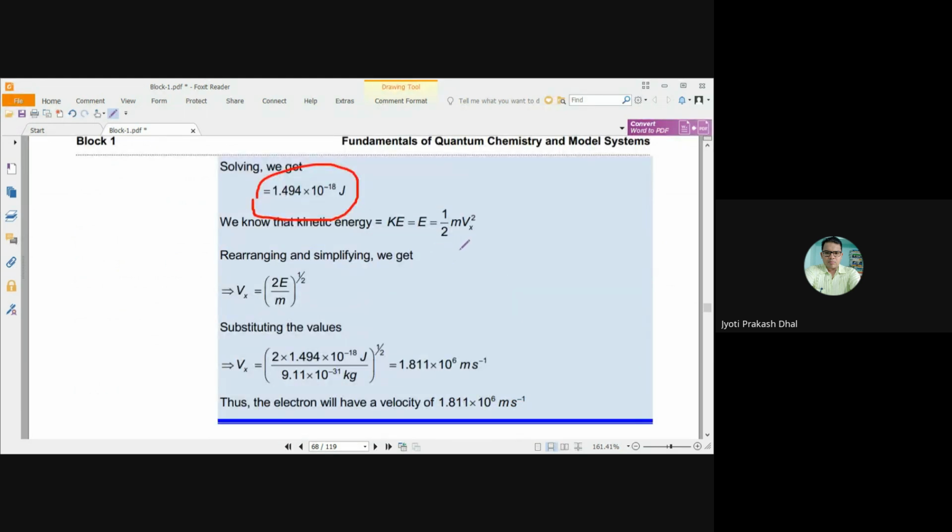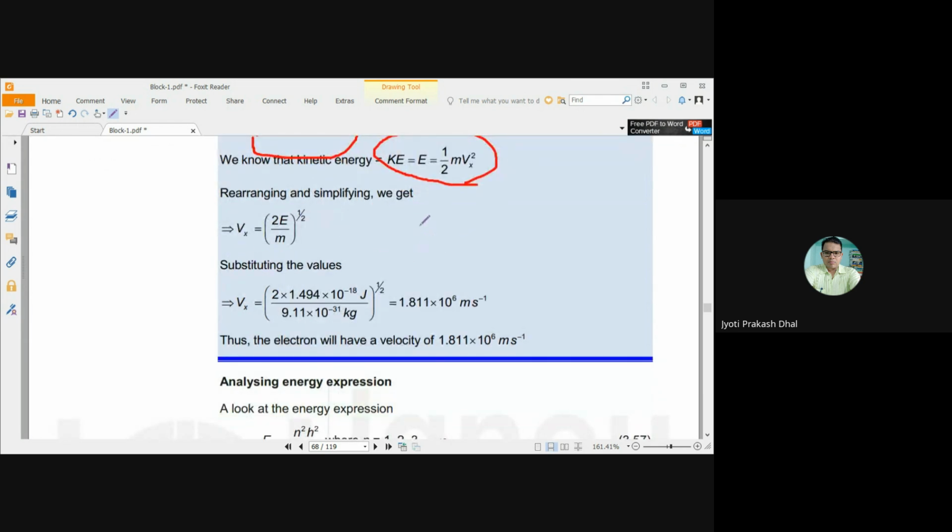And again, we know that the kinetic energy is the total energy, because the potential energy is zero. Hence kinetic energy, which equals total energy, E equals half m v square. So v equals square root of 2E by m.